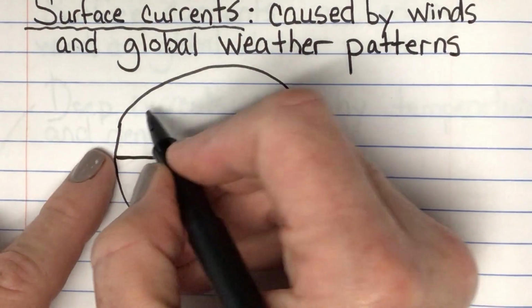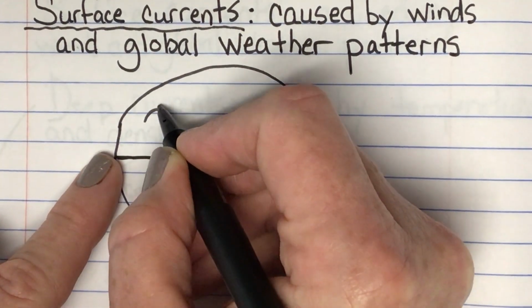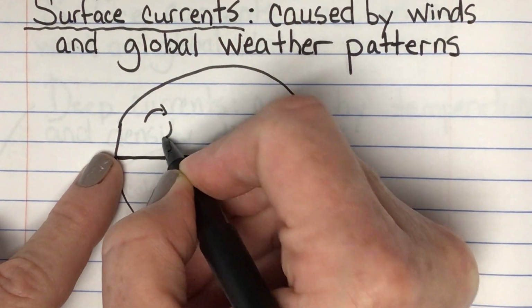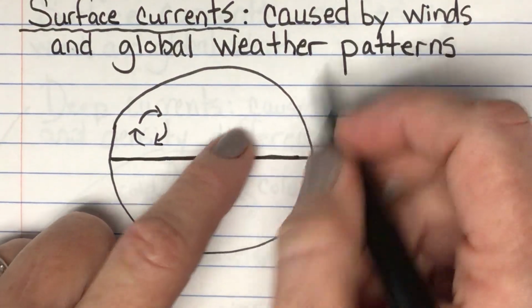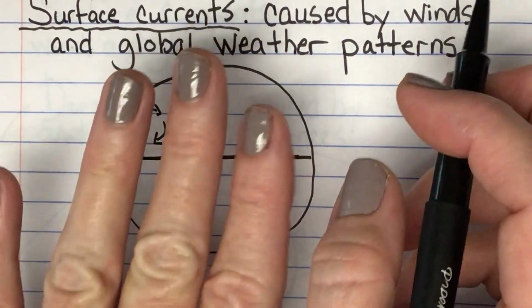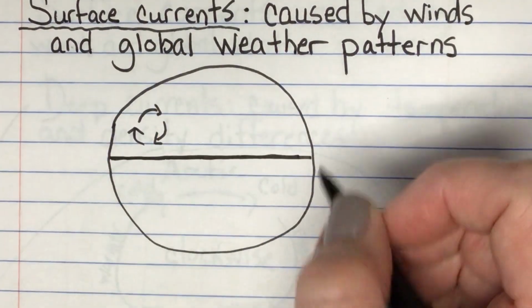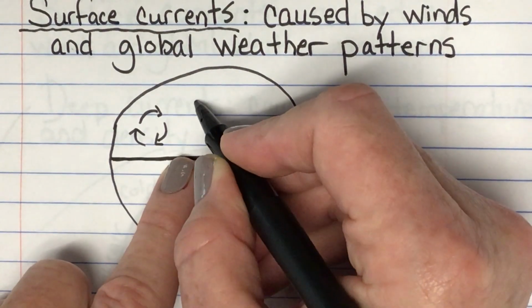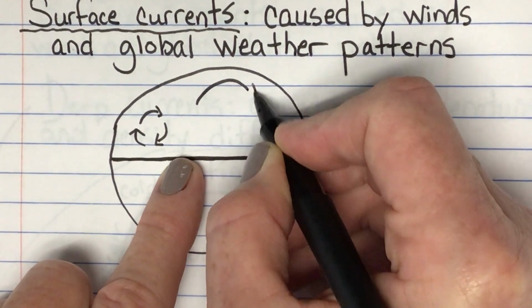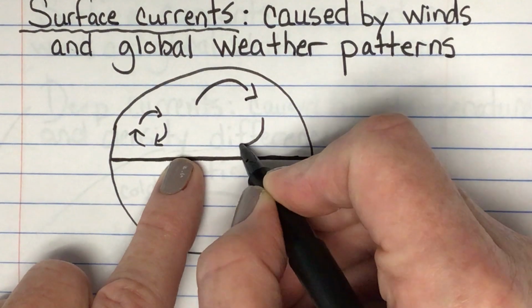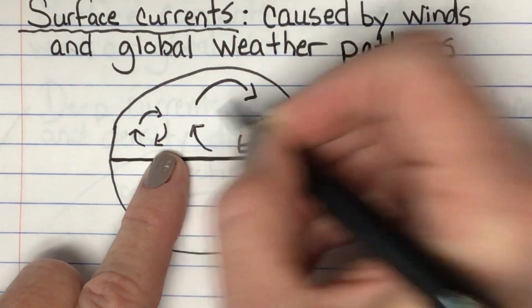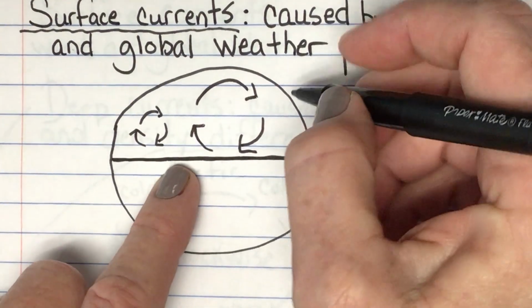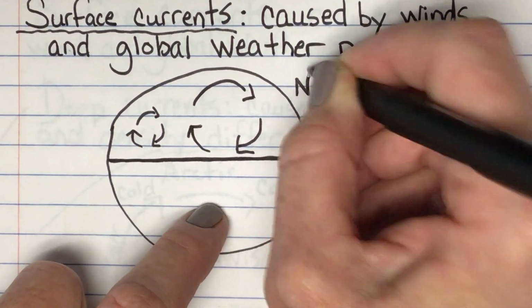There are things called gyres. We didn't mention those yesterday, and we're not going to be particular about the numbers. I just want you to get the idea that gyres are surface currents, and in the northern hemisphere, so this is north, right?